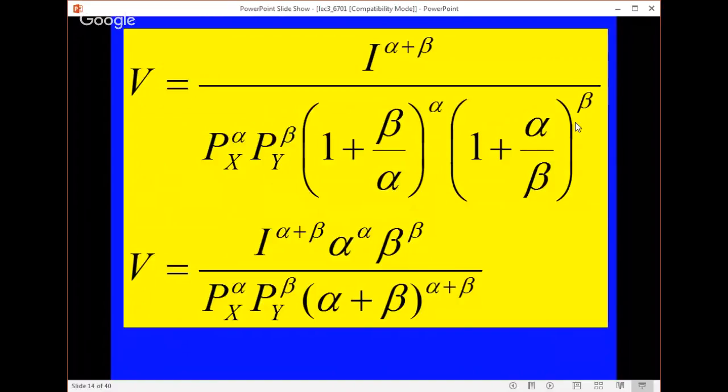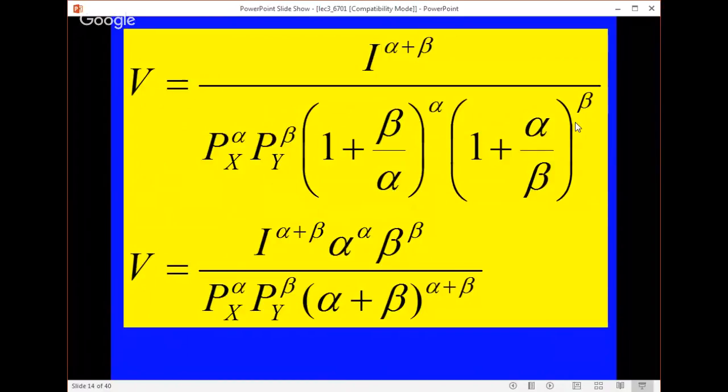And over here, I'll write the one that's beta over beta plus alpha over beta, to the beta. And then I can just rewrite this as Px to the alpha, Py to the beta. I have alpha in both denominators, so I can write it as (alpha plus beta) over alpha to the alpha. And over here, I have beta in both denominators, I have (beta plus alpha) over beta, all to the beta.